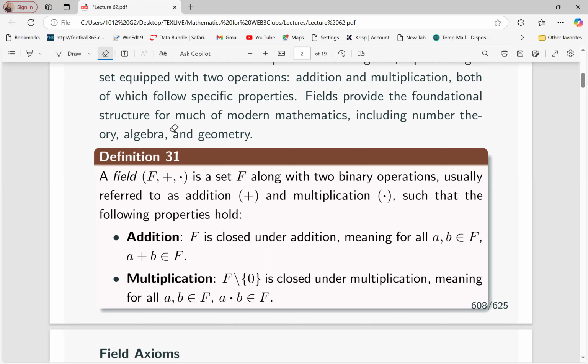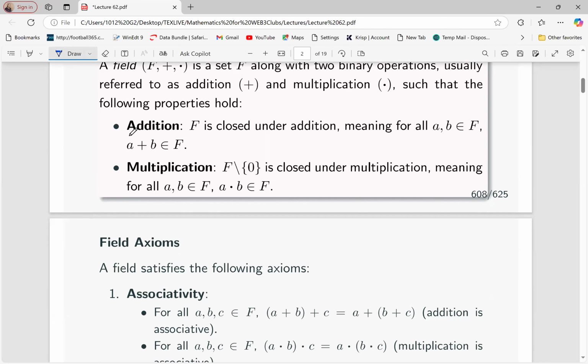So you're saying that a field must have these two operations, and F must be closed under both. For instance, under addition, the set F must be closed.